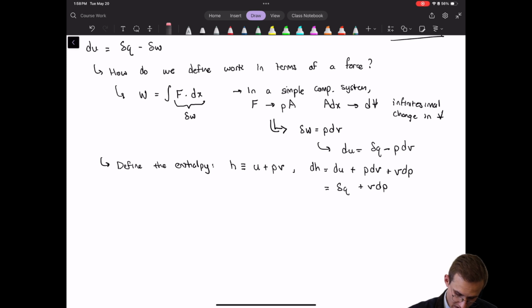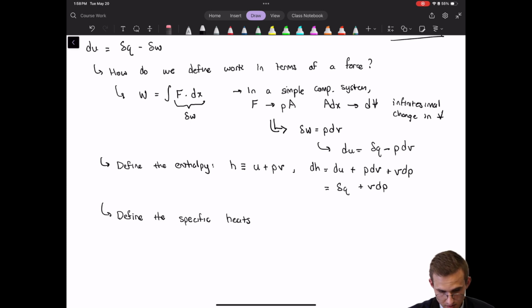Okay, let's also, while we're at it, define the specific heats. So the specific heats are the specific heat at constant pressure, or Cp, which is defined as the partial derivative of the enthalpy with respect to temperature at constant pressure, okay?